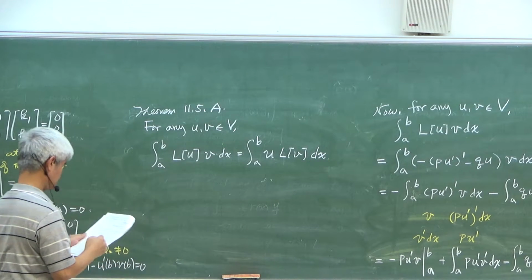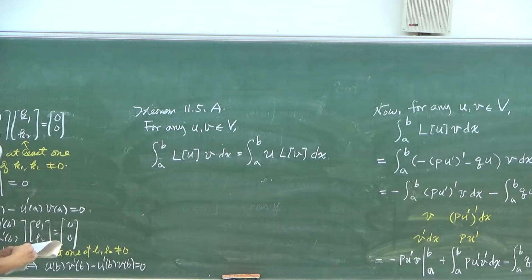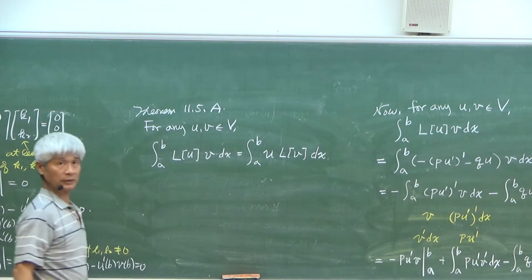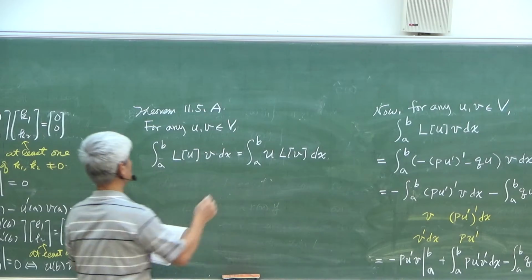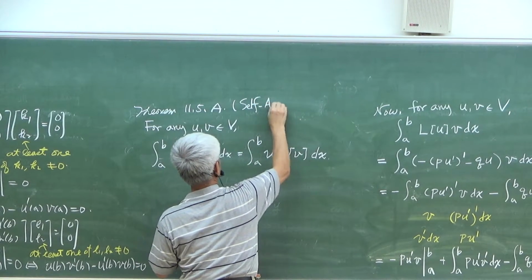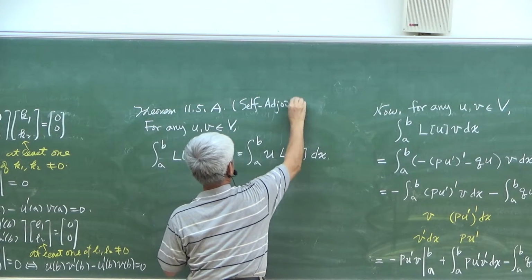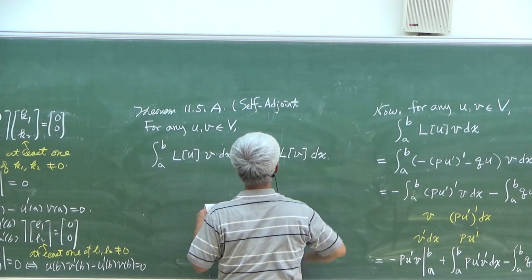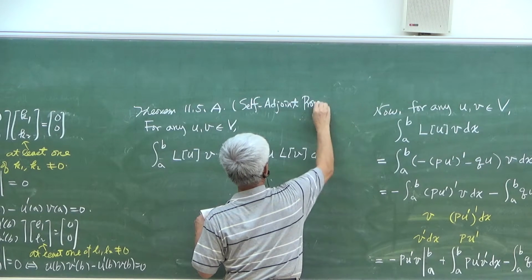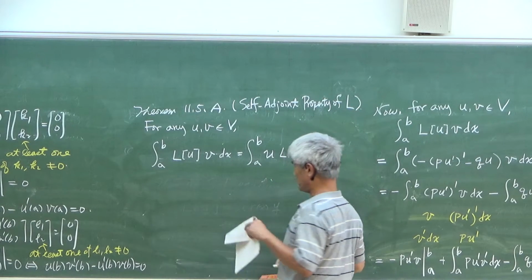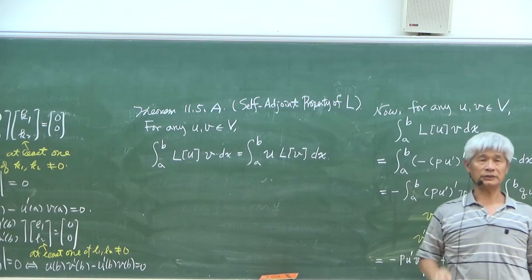This is called the self-adjoint property of L. So the operator is self-adjoint.